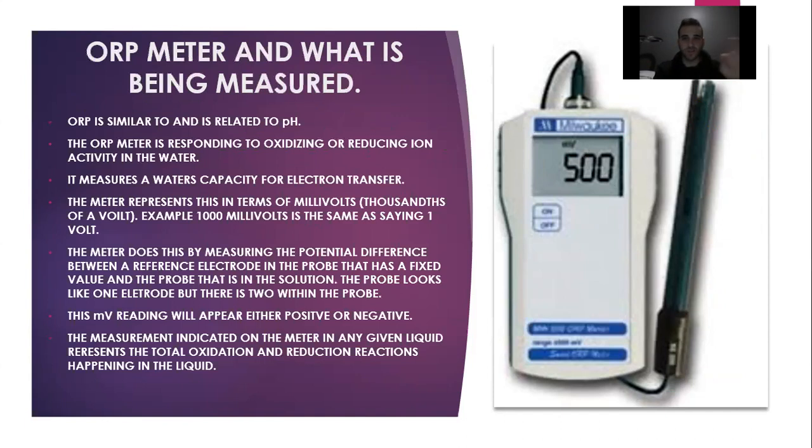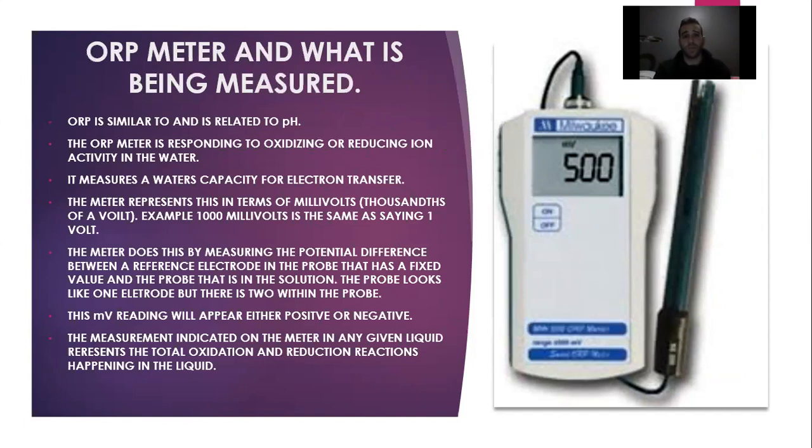If it doesn't have a negative sign, it means positive. There will be a little negative indication symbol that will pop up on the screen if you are measuring a reducing agent. The measurement indicated on the meter in any given liquid represents the total oxidation and reduction reactions happening in the liquid.